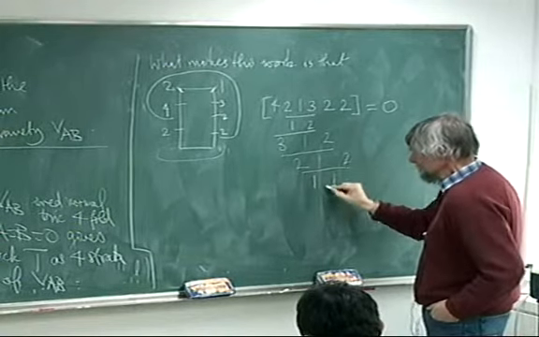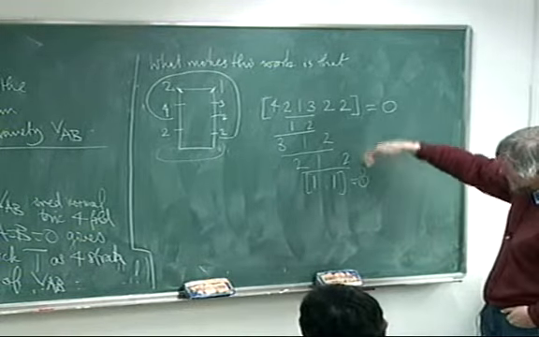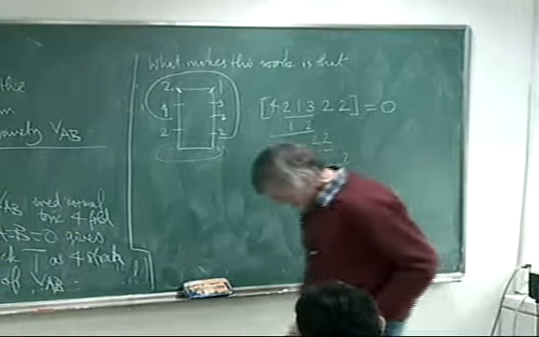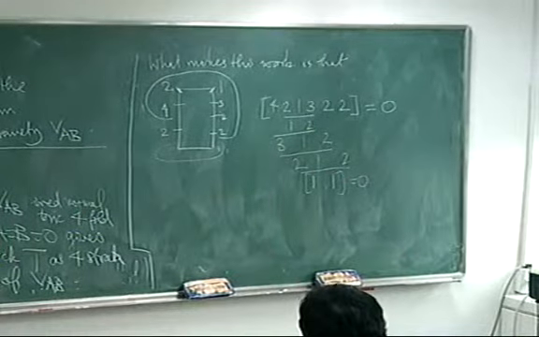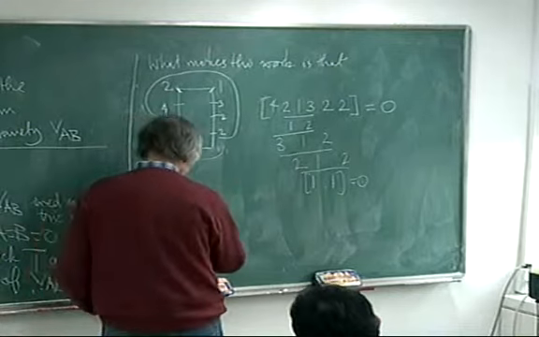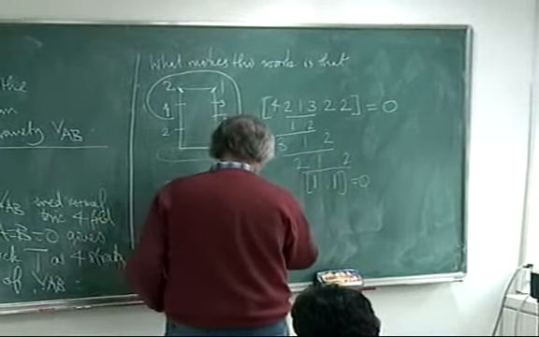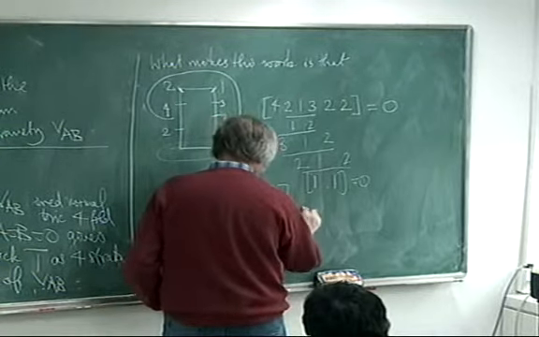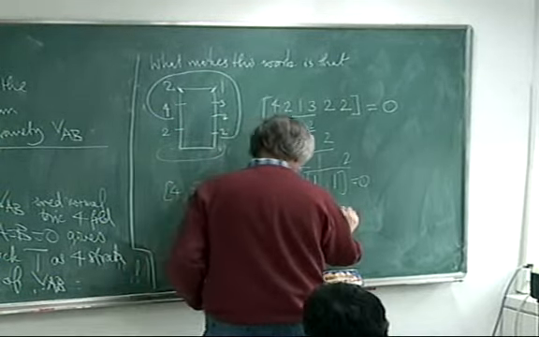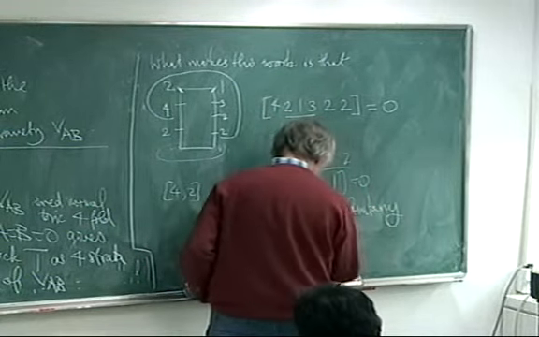And this is 0. Okay, so this is this little trick of reducing continued fractions. So it's saying that 4, 2 and 3, 2, 2 are complementary continued fractions.